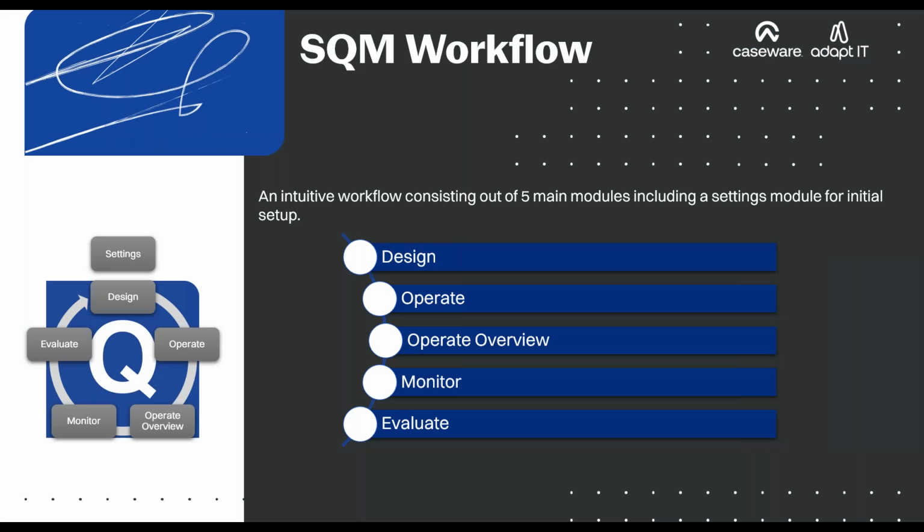We follow a very similar workflow in SQM. Those of you that have been in the product would have seen that you have these 5 headings or tabs, menu items: design, operate, operate overview, then your monitoring, and lastly, your evaluate. But you'll also see on the left-hand side there's a little module sitting outside of that circle of continuous improvement, and that's your settings.